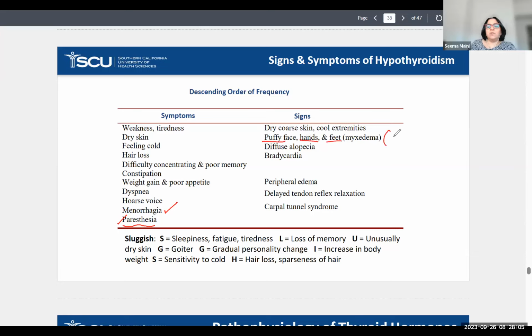This is myxedema, non-pitting edema. Okay, there is non-pitting edema. What is the cause of non-pitting edema in hypothyroidism? Did I tell you the other day? Did I talk about hyaluronic acid?